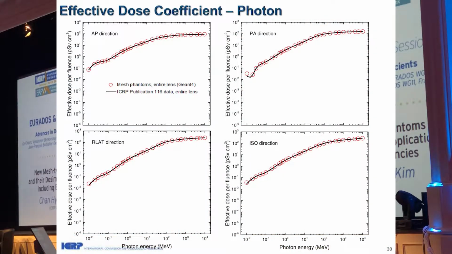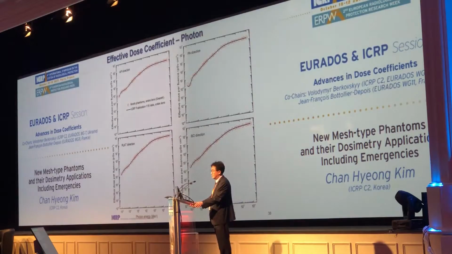This slide shows the effective dose coefficients for photon, and you can see the new mesh phantoms provide very similar dose values with the current ICRP reference phantoms. The differences are really small, usually less than 2% or 3%, with some exceptions at low energies.